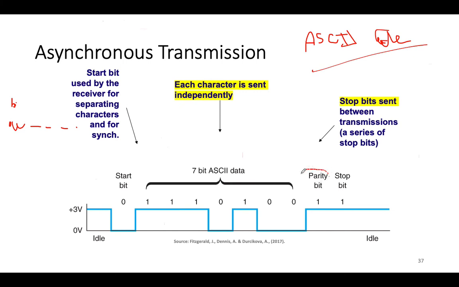We reserve byte number 8 for error detection, and we take the first 7 bits, put the character we want in, and send it.